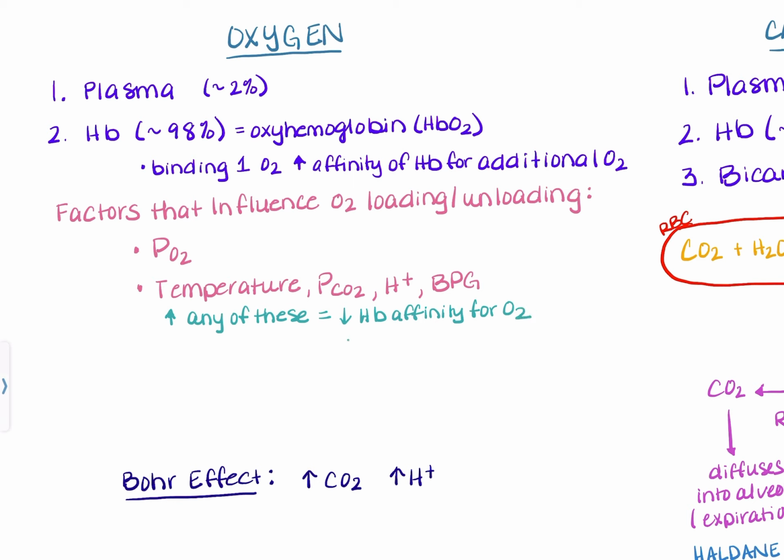Okay, which means they're going to increase oxygen unloading, or being unloaded from hemoglobin, because we've lowered how much hemoglobin actually is attracted to oxygen. We'll talk about this in a second, how this happens. So again, all of these are byproducts of metabolism.